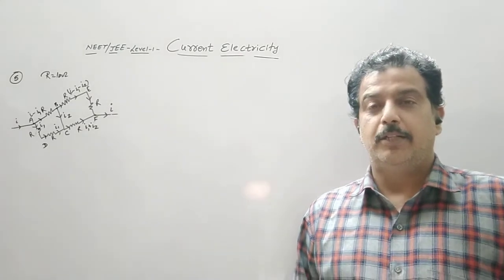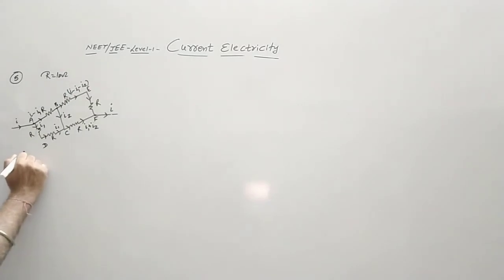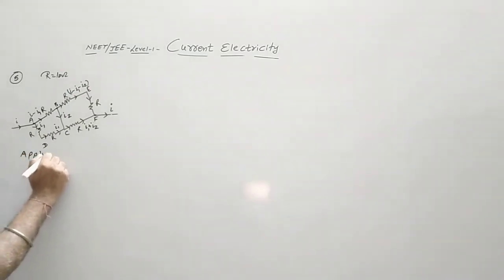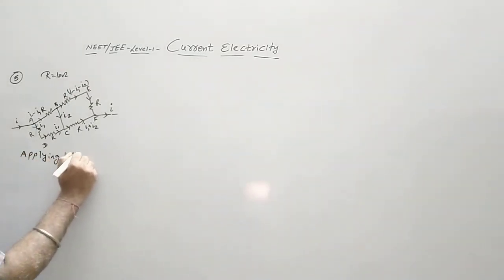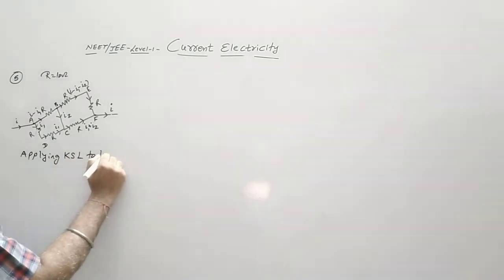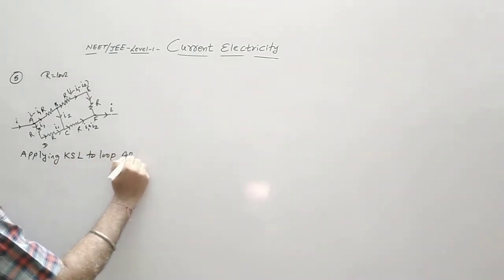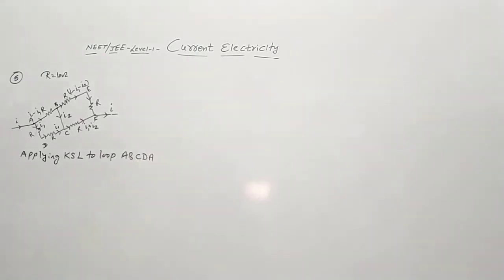So we apply Kirchhoff's second law in the loop. Applying Kirchhoff's second law to loop A, B, C, D, A. We start from A to B, in the direction of current. So minus R times I minus I1.